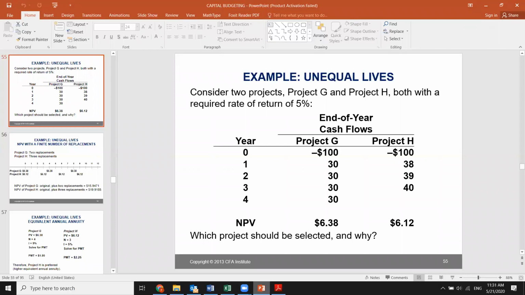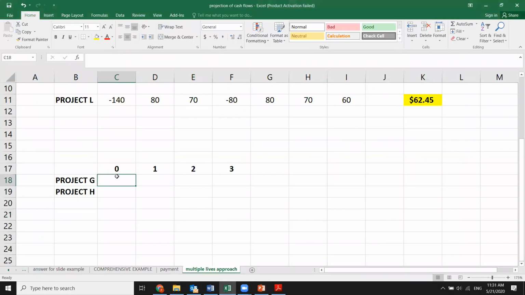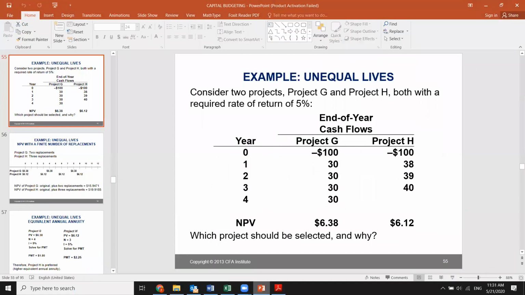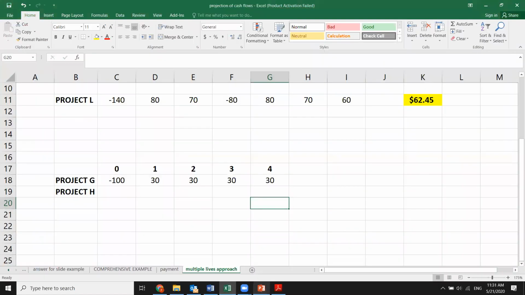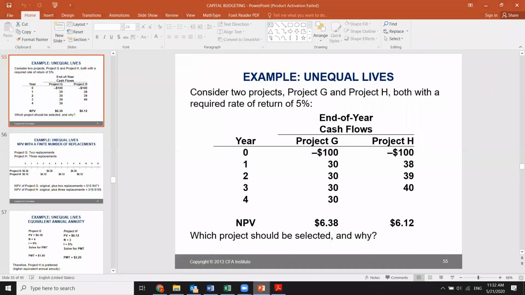Now, G and H. G has got minus 100 and 30, 30, 30, 30. 4 years, okay? And that one has got 38, 39, 40. So this is 38, 39, 40. And investment cost is minus 100, same.